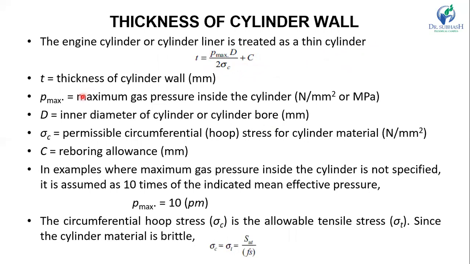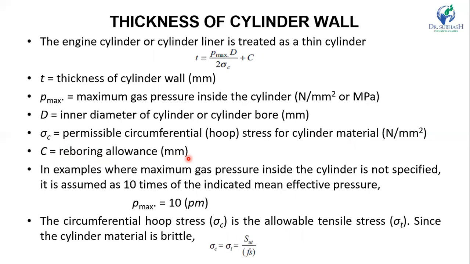Here t is the thickness of the cylinder wall in millimeter, P maximum is the maximum gas pressure inside the cylinder in Newton per mm square or megapascal, D is the inner diameter of the cylinder or cylinder bore, sigma C is the permissible circumferential hoop stress for the cylinder material, and C is known as the reboring allowance in millimeter.